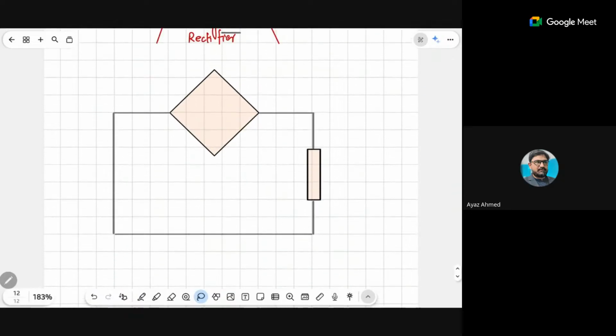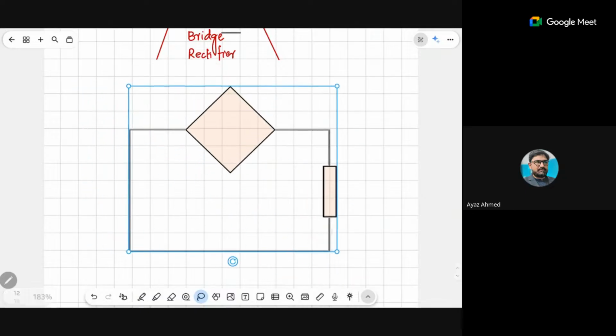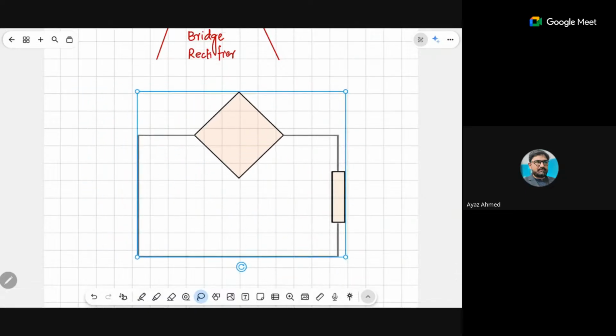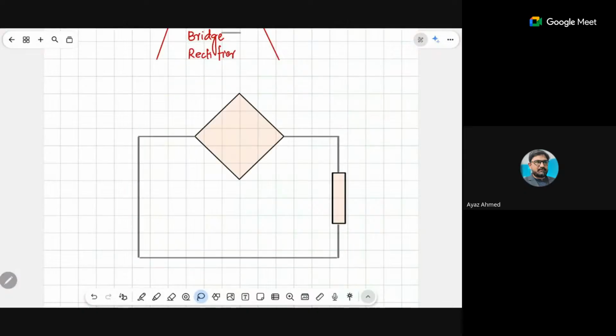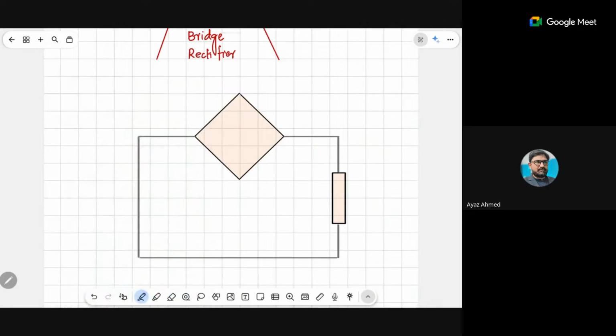Now along with this load resistor, I can draw a diagram for my diodes and some other inputs. These are not inputs basically. Let me draw the inputs with a different color so that it is clear to you. The inputs are somehow in this way. This is the input terminal.